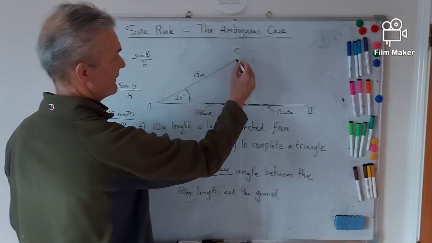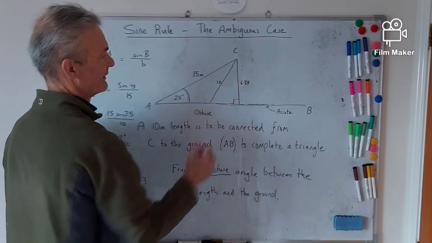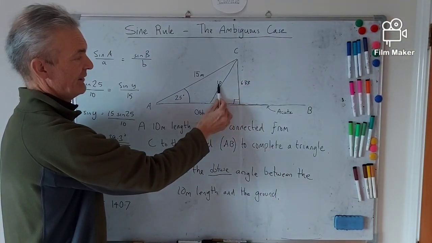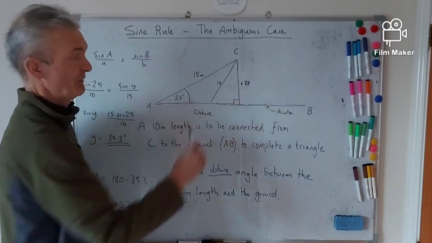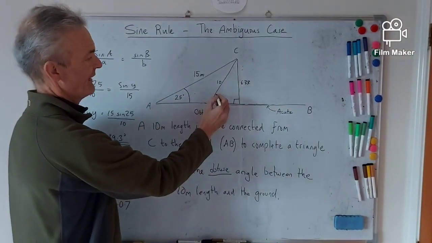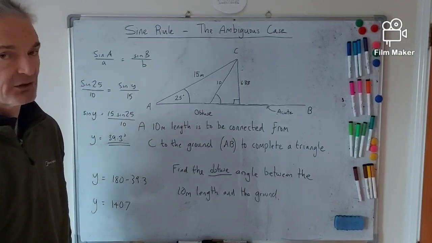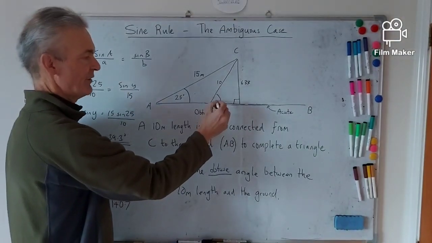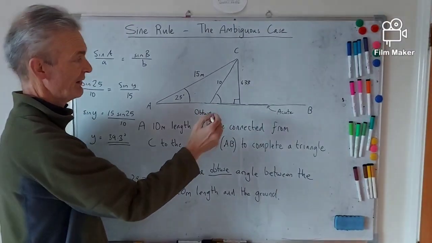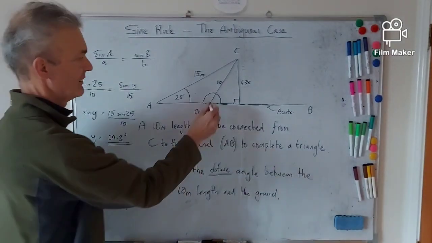Then you could put the 10 metres in over here, and now you've got two sides in effect. So you could use SOHCAHTOA to find that angle over here, and then, using the same idea as before, angles on a straight line equal 180, find the angle just here.